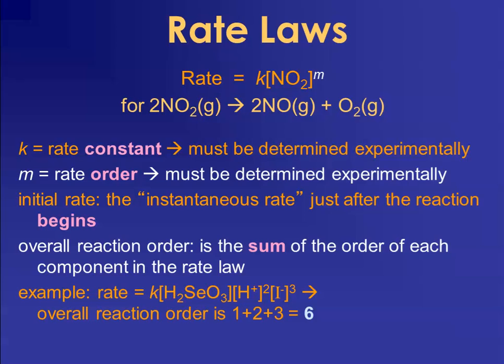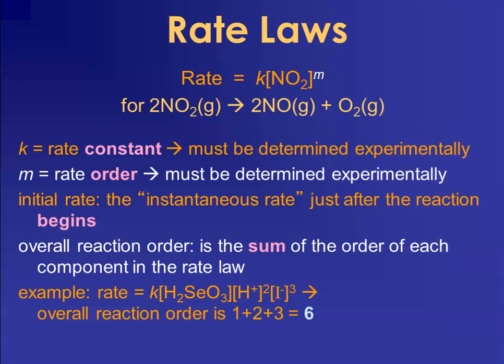So every rate law for a chemical reaction is going to be described as rate equals a constant K, which is specific at a given temperature for that reaction and has to be determined experimentally, but it's just a constant. And then that is going to be multiplied by the concentration of your reactants raised to whatever exponent, whatever order they are impacting on that reaction's rate.